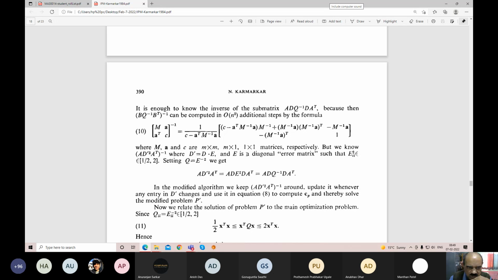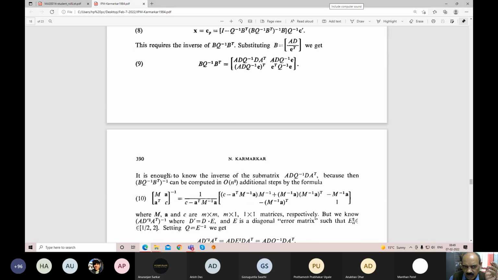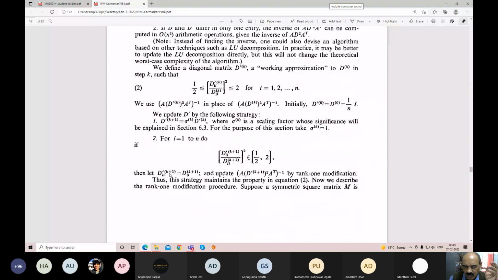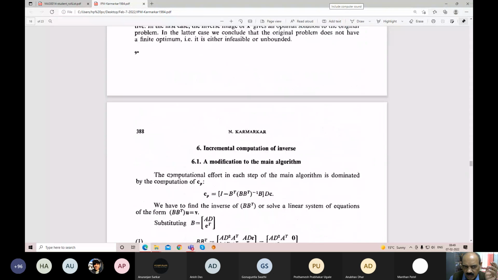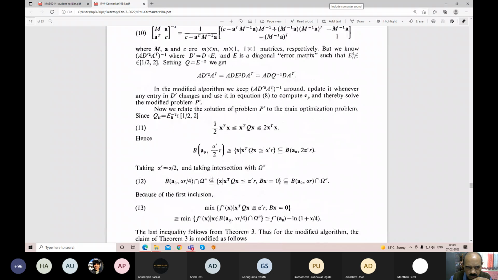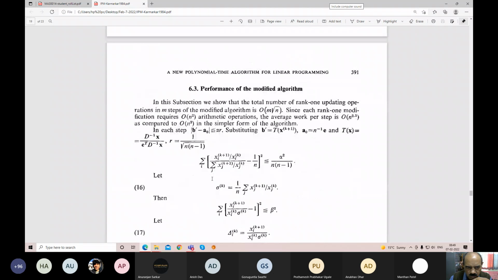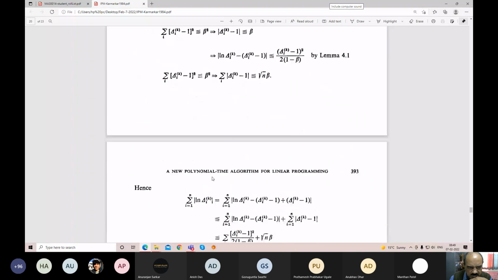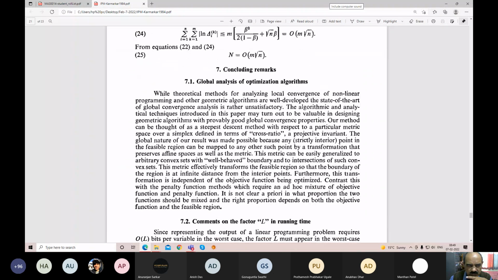These are the steps. What I'm asking is that everybody should first read how to compute the inverse, section 6, that is 6.1, 6.2, 6.3, 6.4, etc. I will tell you section 3, and section 6 up to 6.